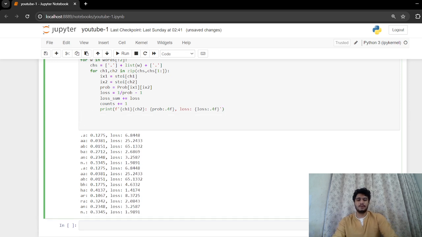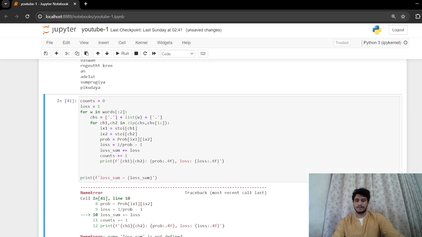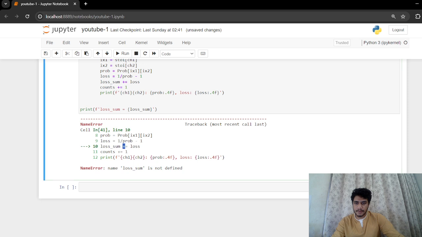So after doing all this, I can just print loss sum, and I can just print this, loss sum plus equals to loss.